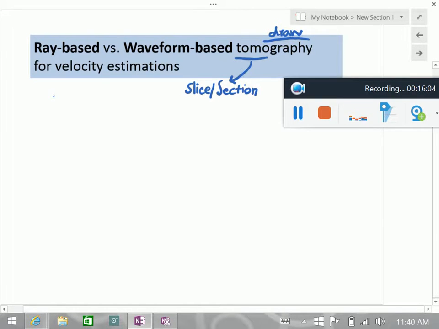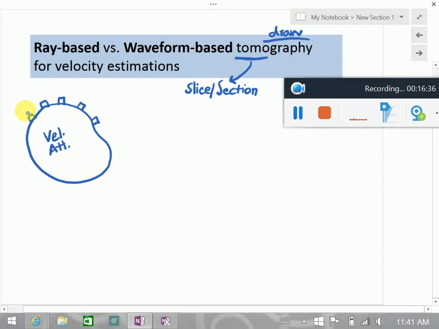Now, in seismic tomography or ultrasound tomography, depending on the application, basically we want to know what is inside the material in terms of velocity or attenuation or both from measurements that you have on the surface of the material most of the time.